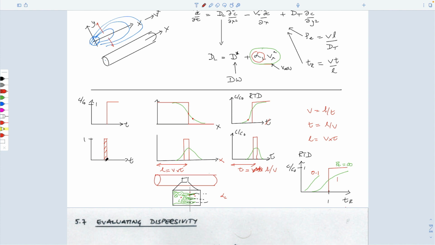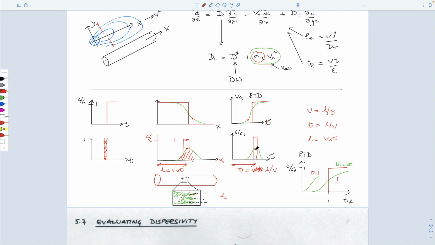It's finite, and it isn't continuously supplied, so by the time it gets downstream, this magnitude here can't be at a value of relative concentration of 1. This one can be. This dispersed one cannot be, because the mass under this green area has to be the same as the area under here. And so this concentration has to go down.